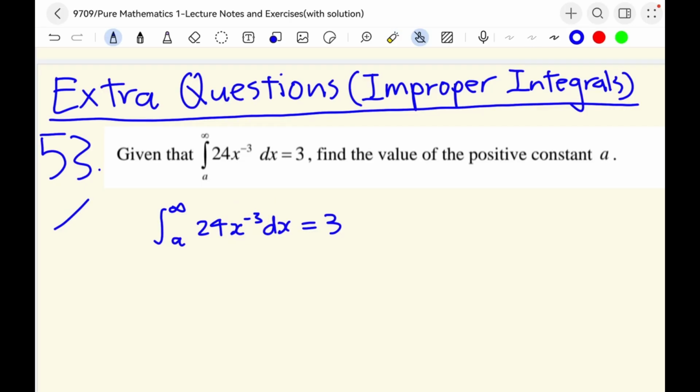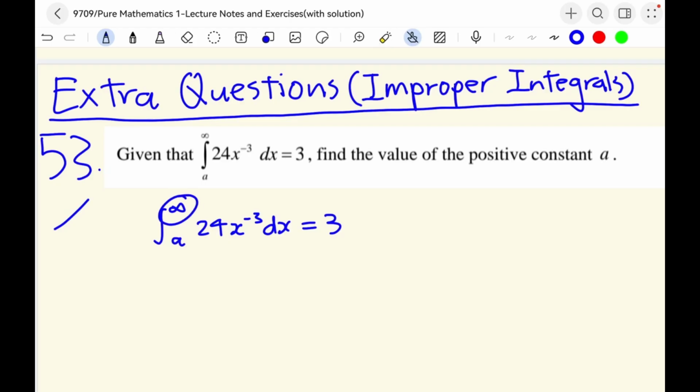How do we integrate it? We can't integrate directly. We have to use limits, and we can't substitute a, because you would get 0 already. So instead I will use b. The limit as b approaches infinity, from a to b, of the integral of 24x to the power of negative 3, is equal to 3.